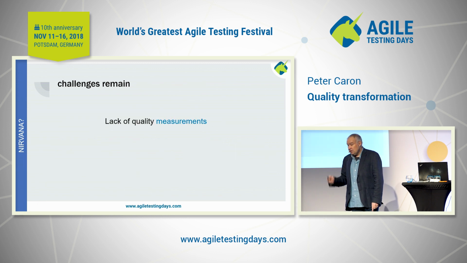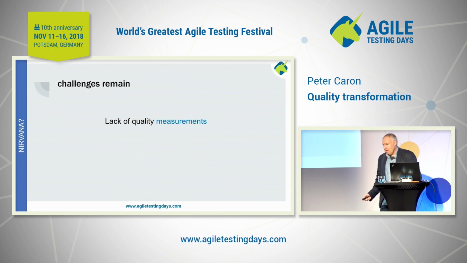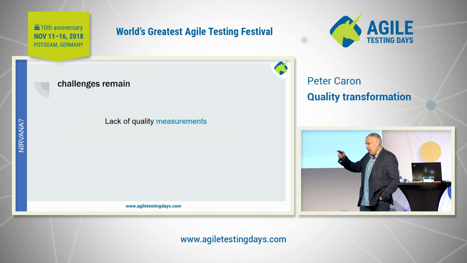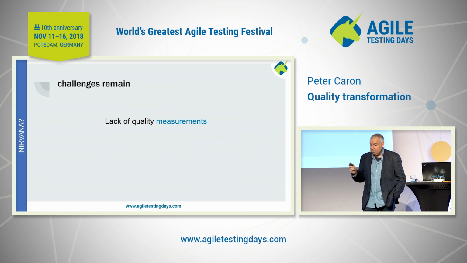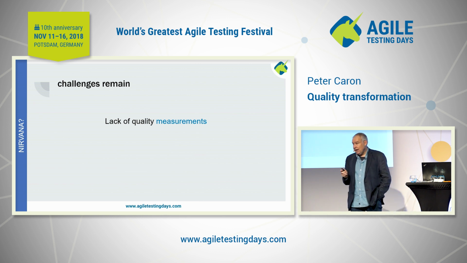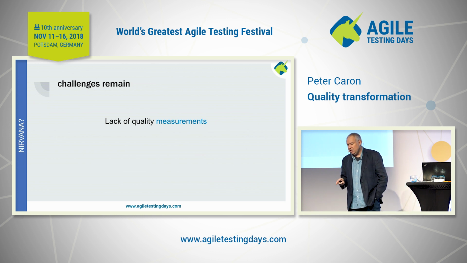So, the challenges that remain, and I'm going to pull selectively from that list that I had: we have a lack of quality measurements. We have insufficient and careless testing, and we have excessive scheduling pressure. These are three things that still haunt most development organizations inside companies. These are still three things that haunt us.